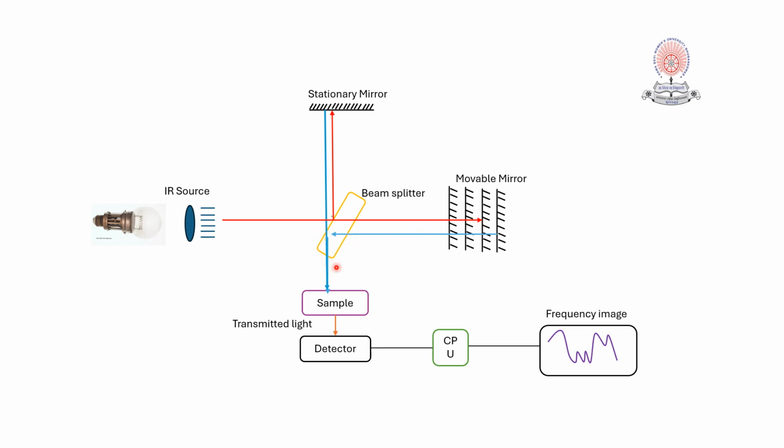Interference is created. The light after interference enters into the sample. Then the transmitted light from the sample goes to the detector. The detector records the intensity of the signal. Then there is Fourier transform by the CPU, and the final image after Fourier transform is recorded.